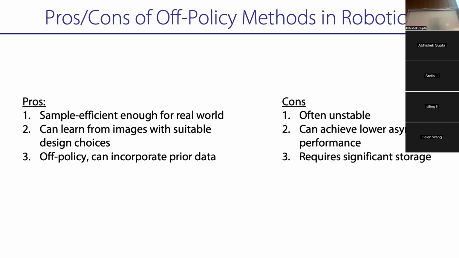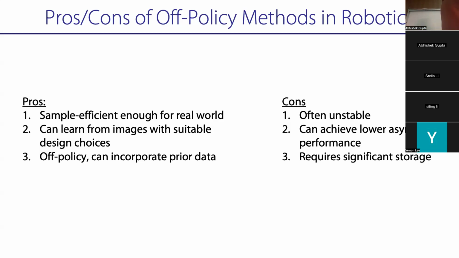If we look at the pros and cons of these methods, on-policy methods are typically more performant. If you have tons of data and a simulator, use PPO, it will work better in most cases. But off-policy methods are sample efficient enough for domains where you have limited data. So if I want to do RL on a robot, I would do SAC much more than PPO.